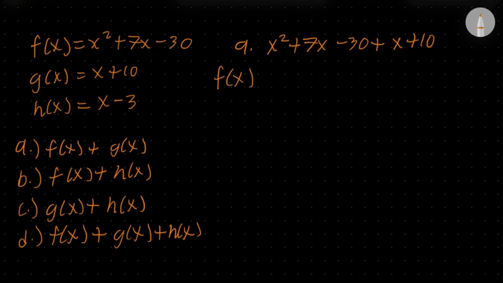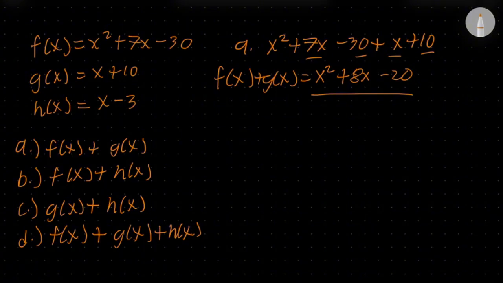Now let us add up like terms. There's no other x squared, and 7x plus x is 8x, and negative 30 plus 10 is negative 20. Therefore, f of x plus g of x is x squared plus 8x minus 20.